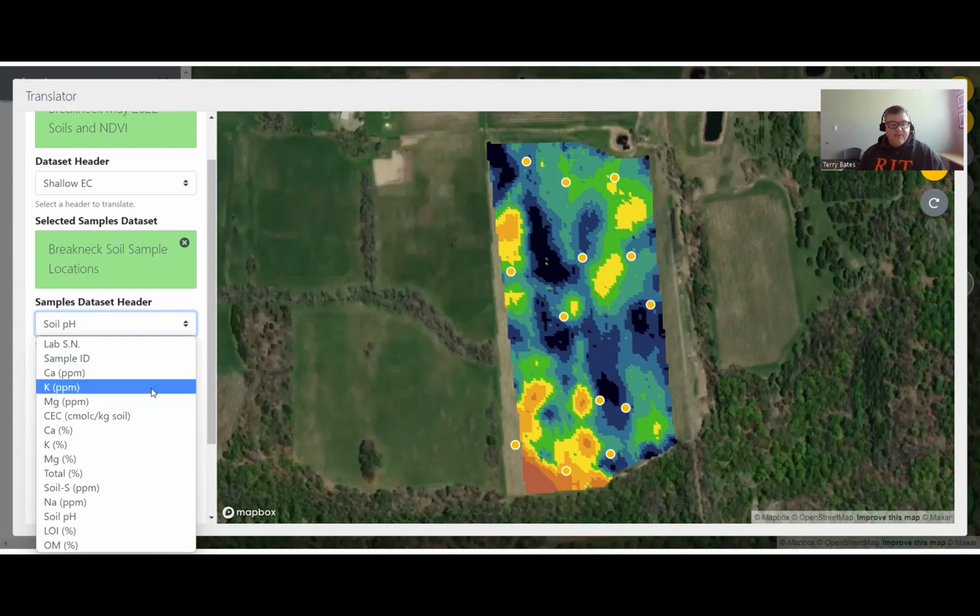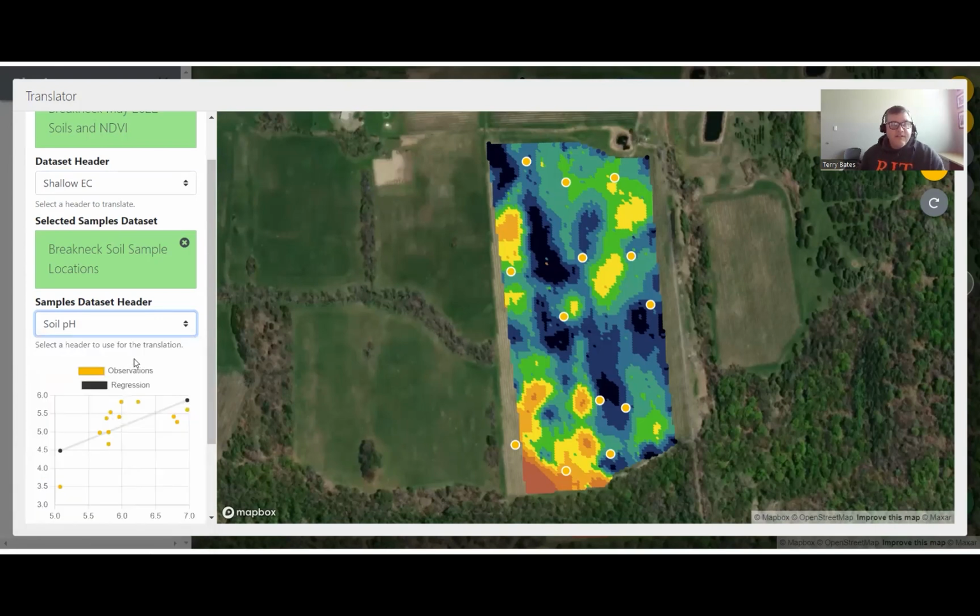So calcium, potassium, magnesium, and cation exchange capacity. And then I think these are percent base saturations that must have come in on the soils test, plus soil pH and organic matter. So we should see stuff like cation exchange capacity being related to the electrical conductivity in the soil.